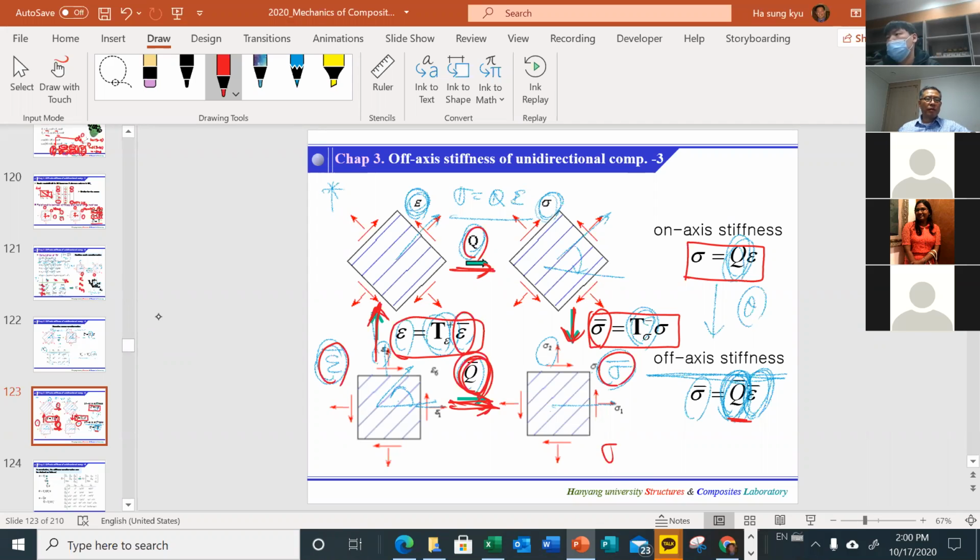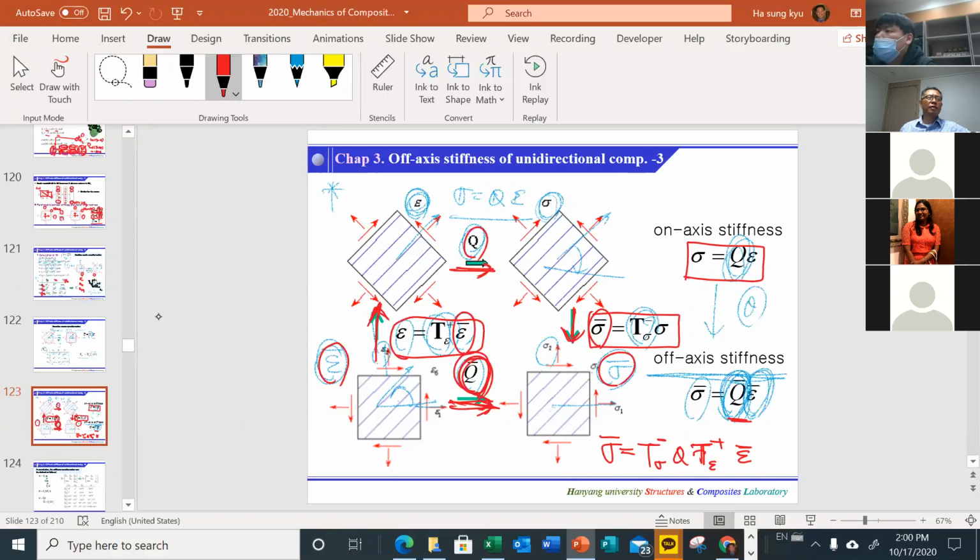So starting from here, Q bar equals sigma over epsilon bar. What is sigma? Sigma will be Q epsilon. But what is the epsilon? Epsilon will be T epsilon times epsilon bar, right?